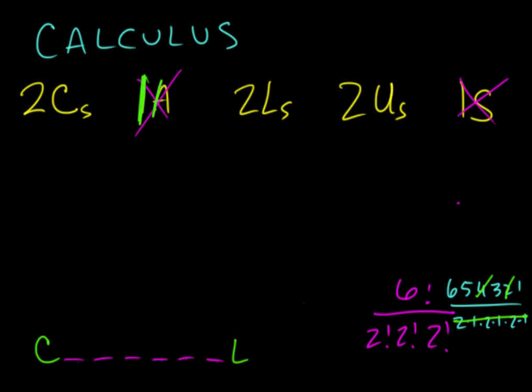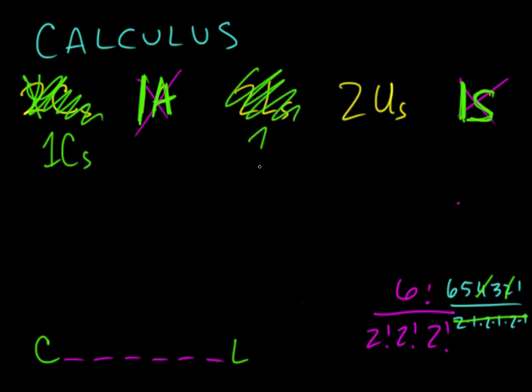So let's see. We have the A back in, we have the S back in, but we're taking out one of the C's. So now we just have one C. And we're taking out one of the L's, so we just have one L. But we still have 6 left over.